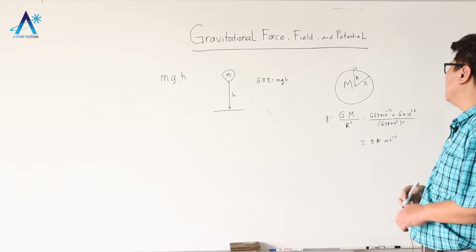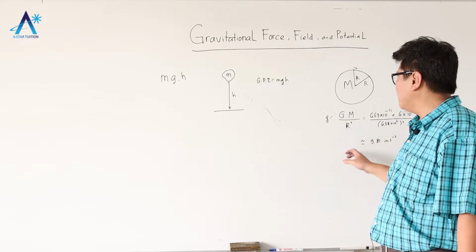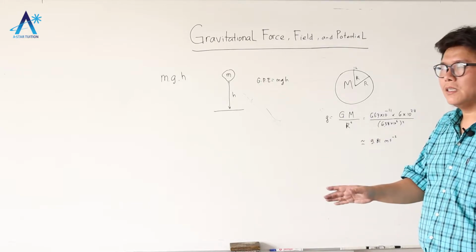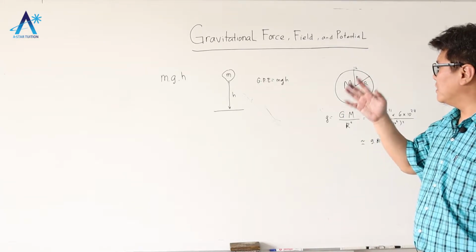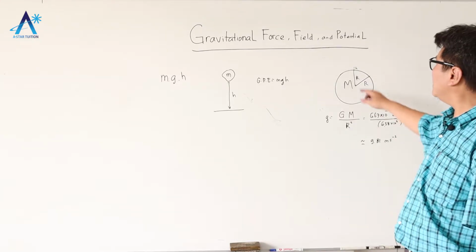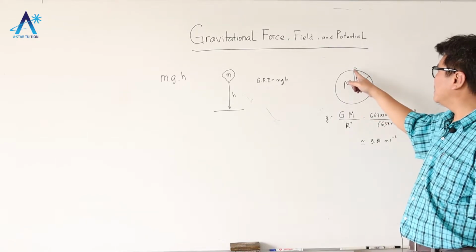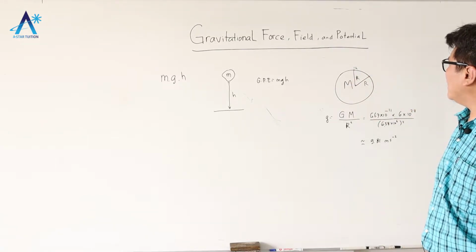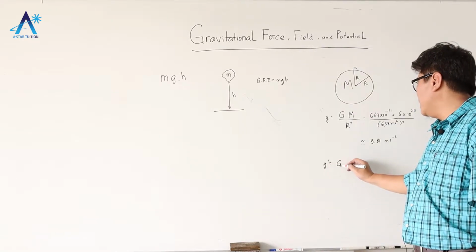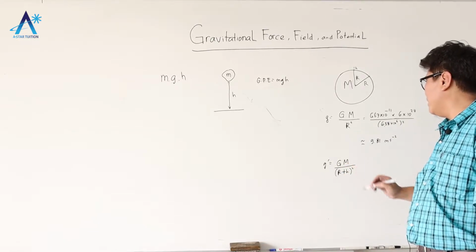So this is the value that we use for gravitational field strength for a lot of discussion in kinematics and vertical motion, 9.81. Now if the distance is actually h above the surface, then the g should have been G capital M over R plus h squared, right?